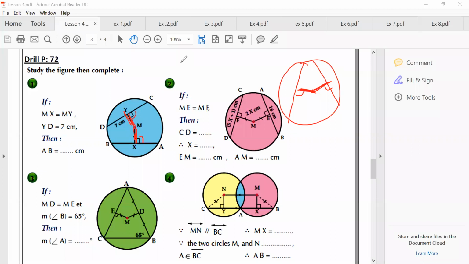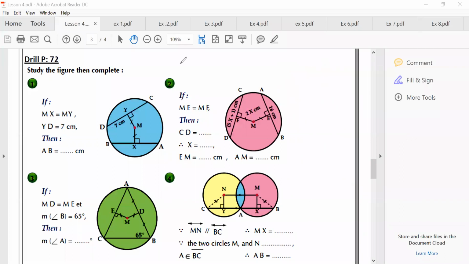The converse of the theorem says if I have a circle and two chords and the perpendicular distances are equal, then the two chords are equal. Here MX equals MY, this is given. Then the two chords will be equal. So AB will be equal to CD.